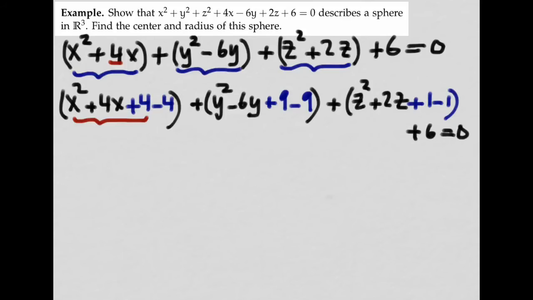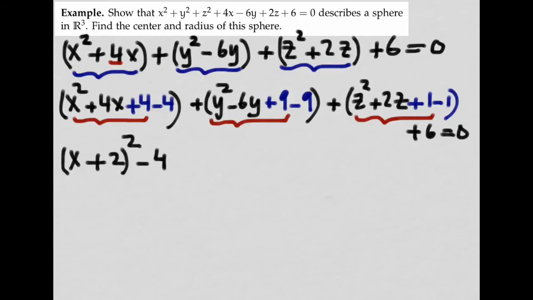Because we completed the square, x squared plus 4x plus 4 is going to give us a complete square. Y squared minus 6y plus 9 is going to give us a complete square. And z squared plus 2z plus 1 is going to give us a complete square. So x squared plus 4x plus 4 is equal to x plus 2 squared, minus 4, plus y squared minus 6y plus 9, which is equal to y minus 3 squared.